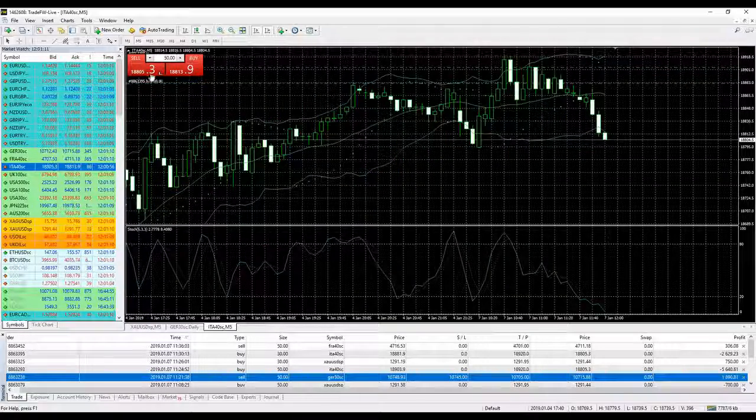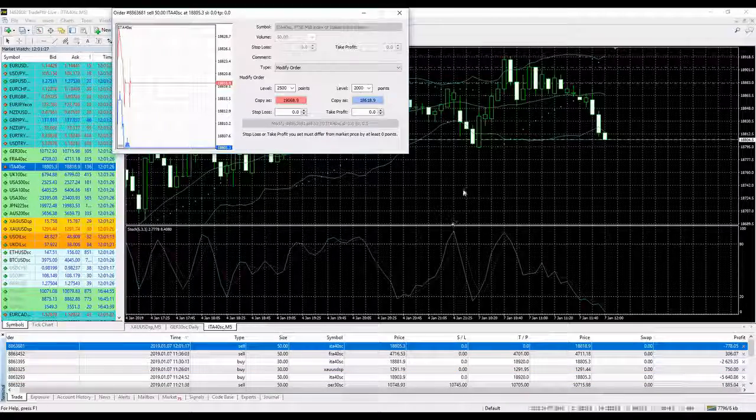Guys, on Italy 40, I will go short. I just shorted Italy 40, and I will put my take profit at this level. The market shows me a short now, and we will see what we will do with the long positions on Italy 40. But now it's a very clear short position.